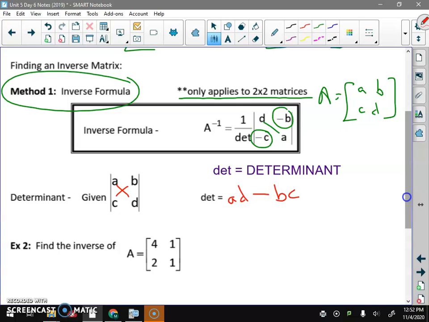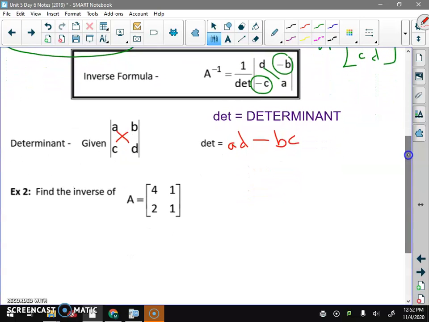So let's use this formula to find the inverse of this matrix, and we'll verify they're inverses by multiplying each other and getting the identity. So, determinant of A, always find it first. 4 times 1 minus 2 times 1. 4 times 1 is 4, 2 times 1 is 2, 4 minus 2 is 2.